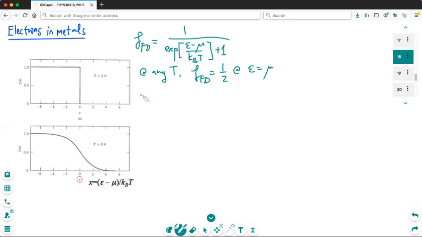And another thing is at precisely 0 temperature. This is a very interesting function, and you can already see this is a step function. But at T equals 0, mu has a special name. So this mu, the chemical potential, is also called the Fermi energy.